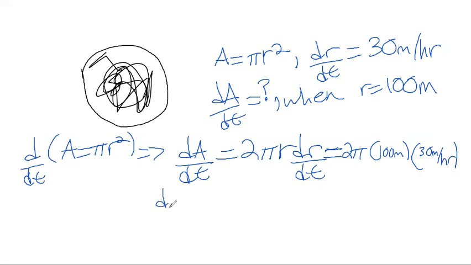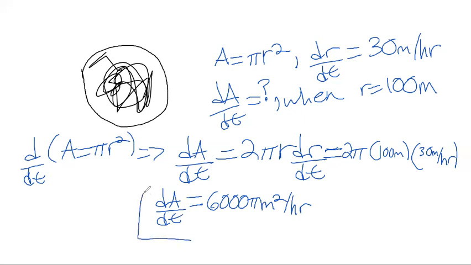So the change in area with respect to time, the calculation winds up becoming 6,000 pi meters squared per hour. And if you notice, meters squared, that's area, over hours, that's time, area over time. So that means the change in area over time of the oil spill when the radius is 100 meters is 6,000 pi meters squared per hour.